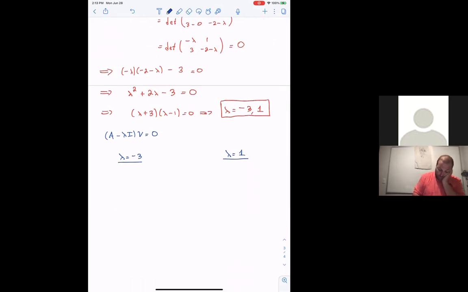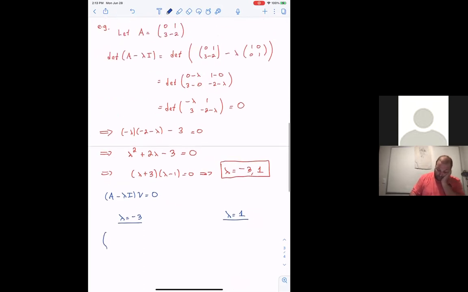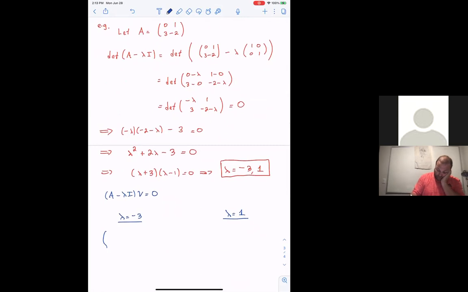So for negative 3, when I go to A minus lambda I, all I need to do is plug in negative 3 into that one. So I get negative of negative 3, 1, 3.